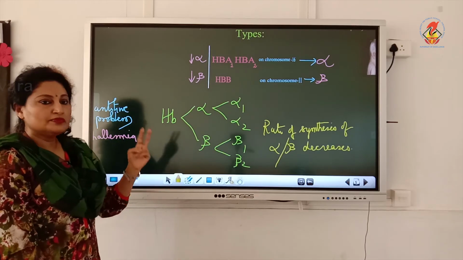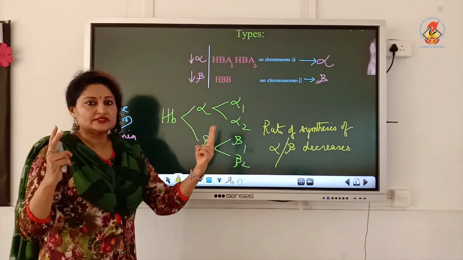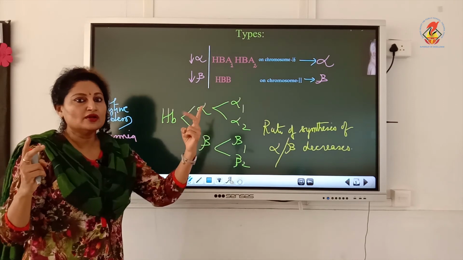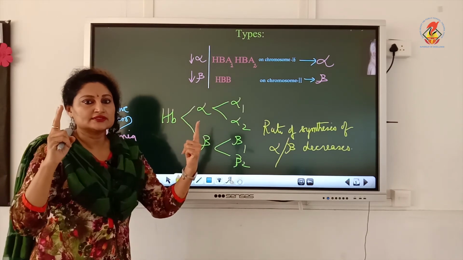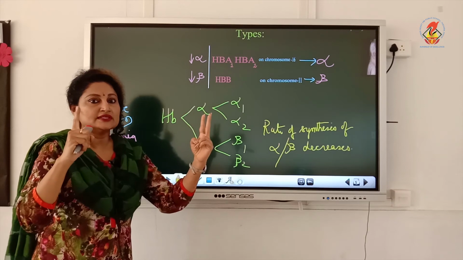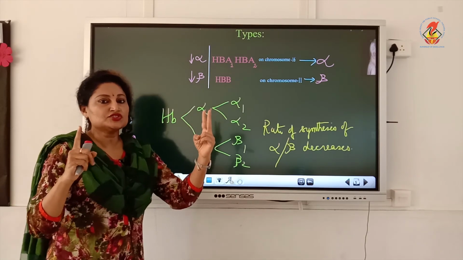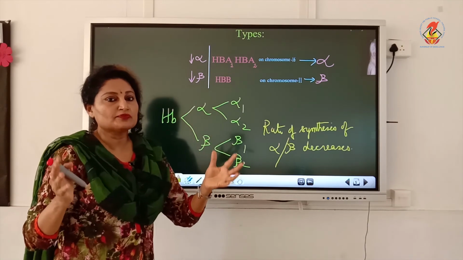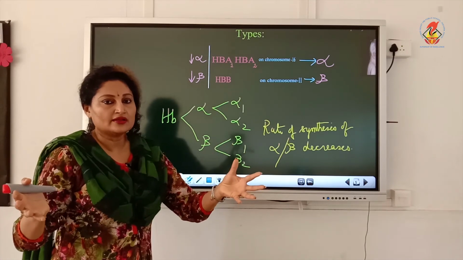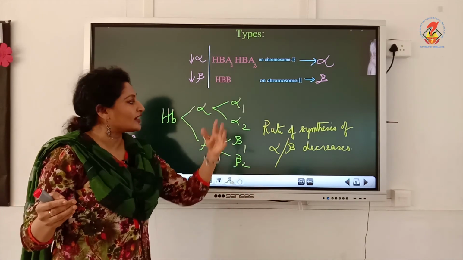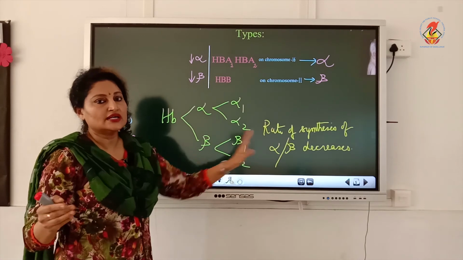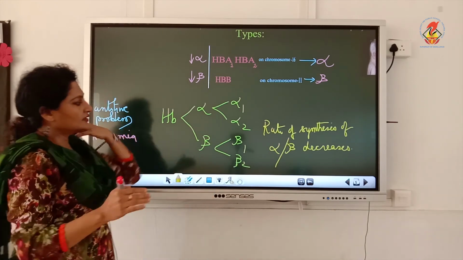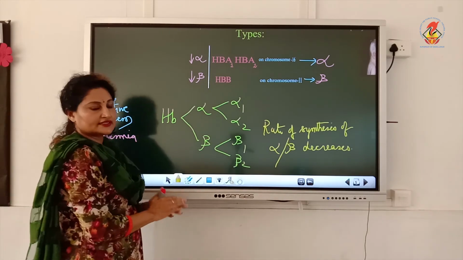There should be 2 alphas to 2 betas, but sometimes it will be 1 alpha to 2 betas, or sometimes 1 beta to 2 alphas. Actually, it should be equal. The rate of synthesis of both alpha and beta should be equal. But the synthesis of either one, alpha or beta, decreases. So it becomes a quantitative disorder resulting in thalassemia.